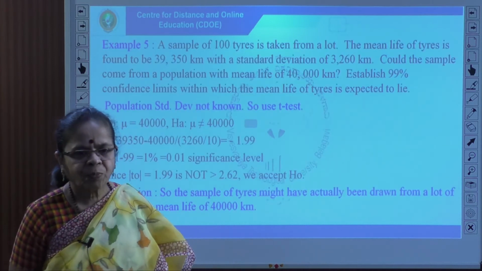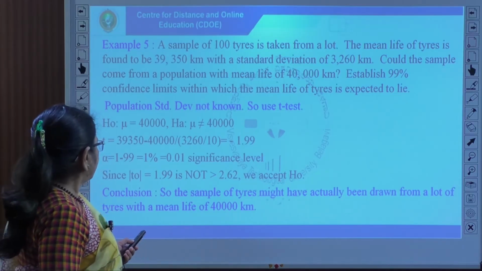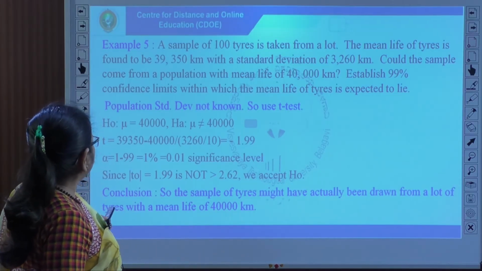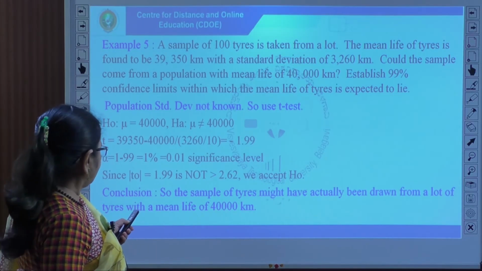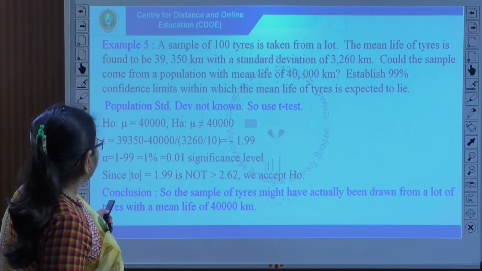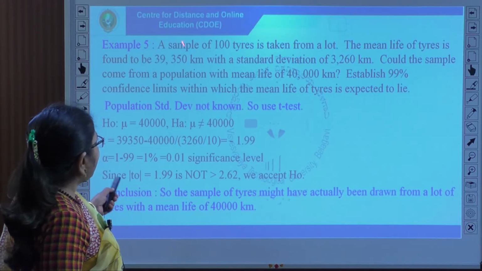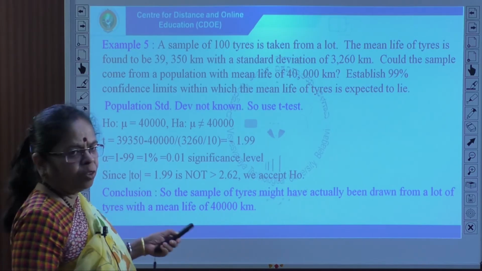Next, a sample of 100 tires is taken from a lot.